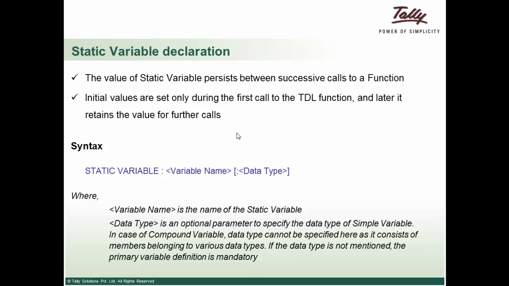Now once the function completes its job and it is out, the value of that variable is reset to 0. However, if it is a static variable, the last value of the variable is retained. So the next time you call the function again, the last value of that static variable is used.